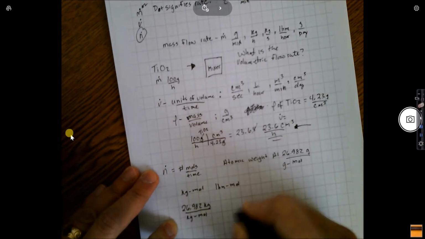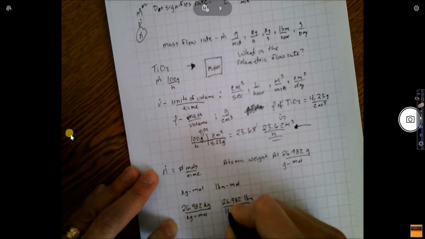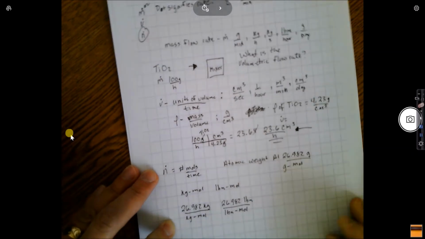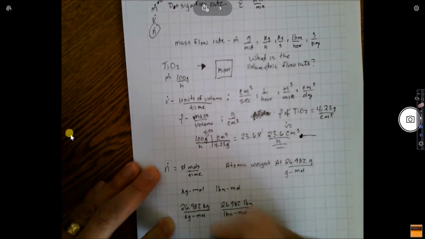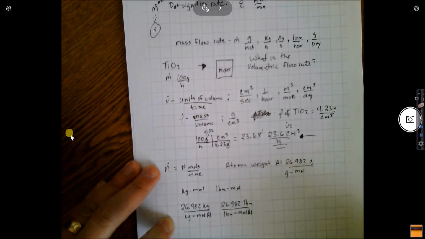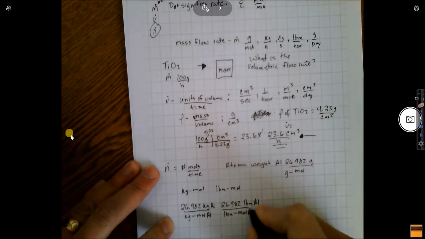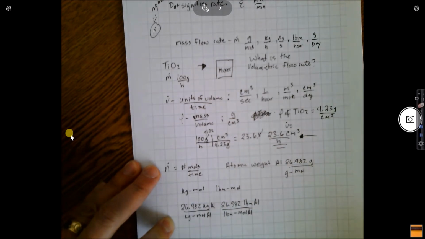And this sometimes blows people's minds, but there's also 26.982 pounds mass in a pound mass mole. Pound mass mole of aluminum. And I should probably be putting aluminum so we can practice bookkeeping from the get-go in this class. It's a good skill to build.